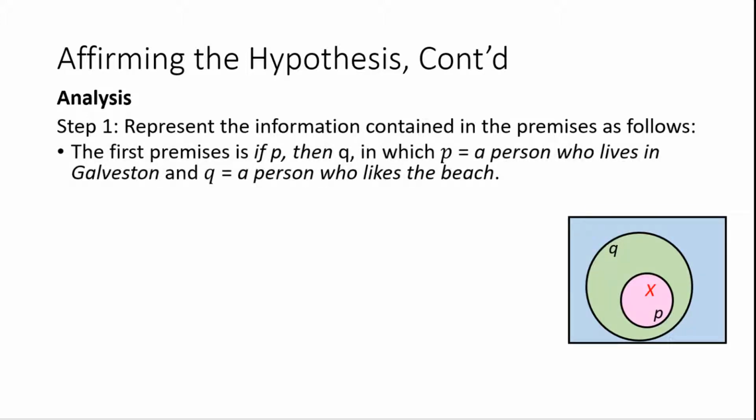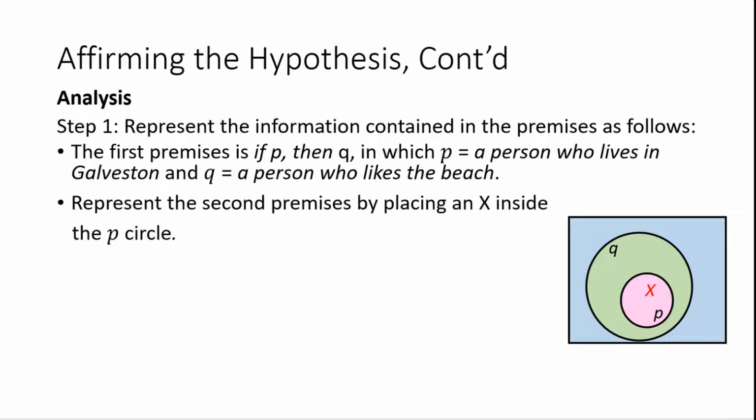The first premise is if P then Q, in which P is for the statement a person who lives in Galveston, and Q is for the statement a person who likes the beach. And then represent the second premise by placing an X inside the P circle.